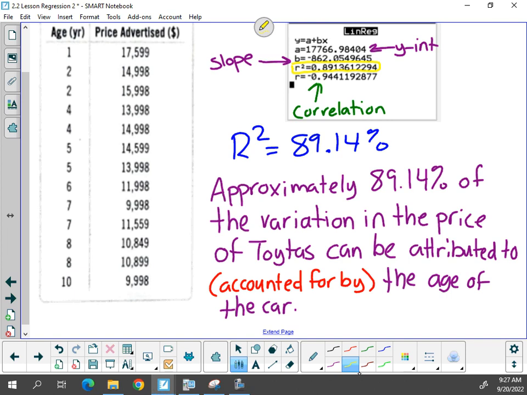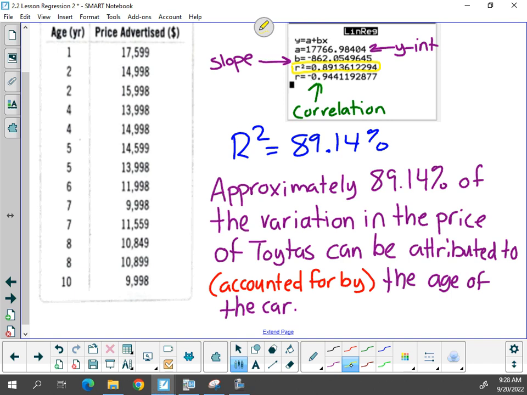Again, prices vary. We don't list things for the same price just based on the year every time. These prices are going to vary. That's the world. Things vary. It's not always nice and neat. We can say that approximately 89.14% of the variation in the price of these Toyotas can be attributed to, sometimes you might say, is accounted for by the age of the car.